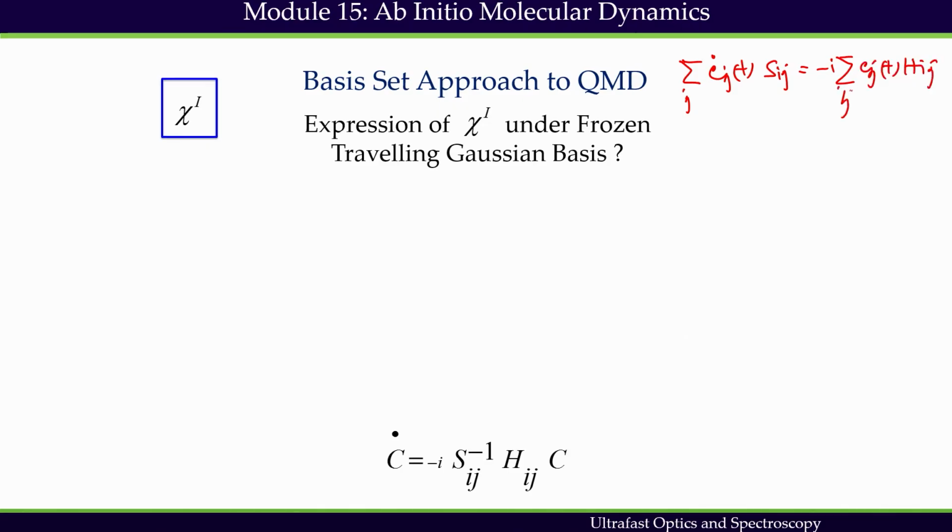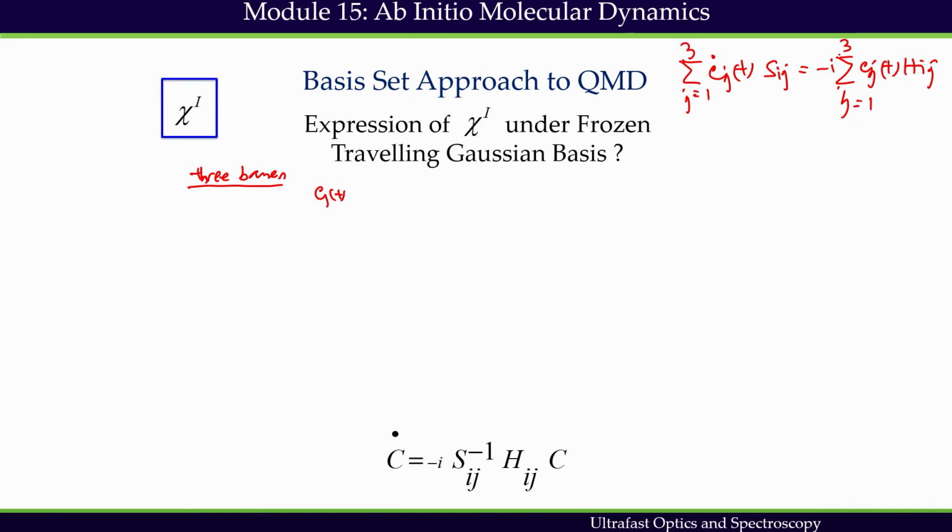That is the expression we have. Now if I consider three bases, then j is going to be 1, 2, 3.